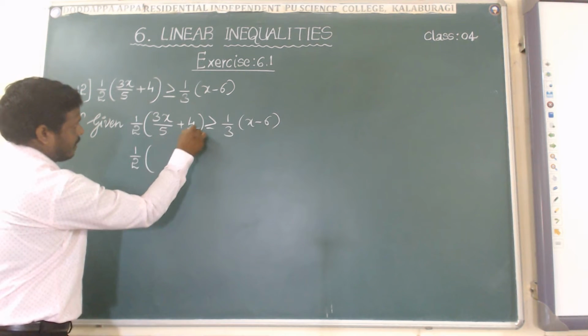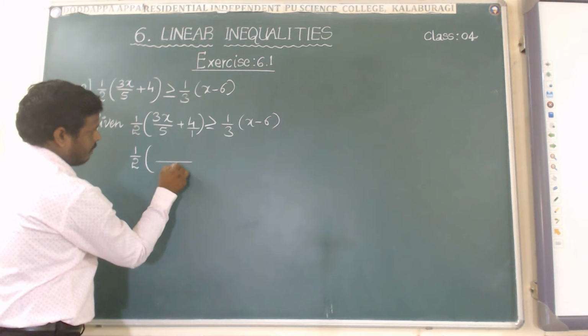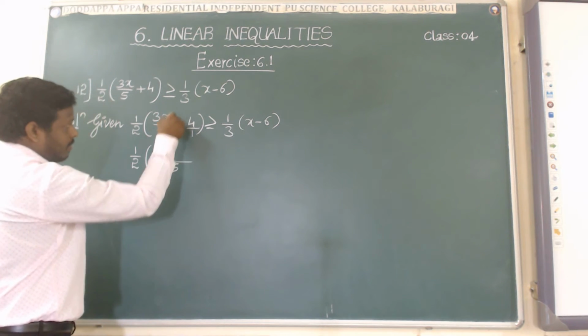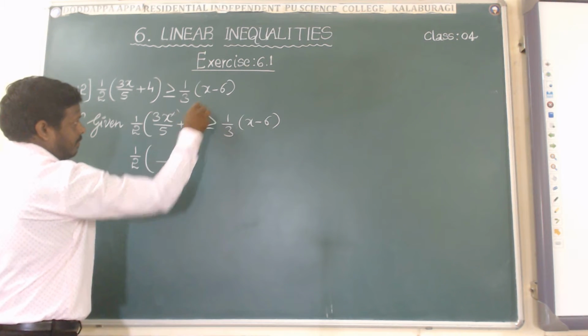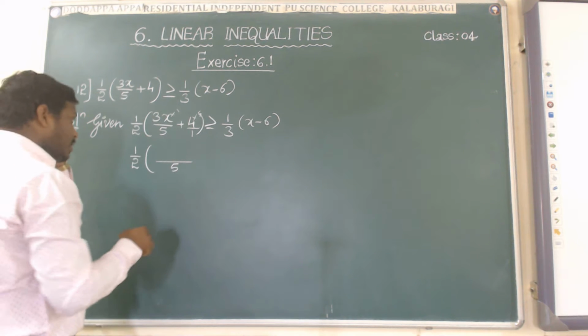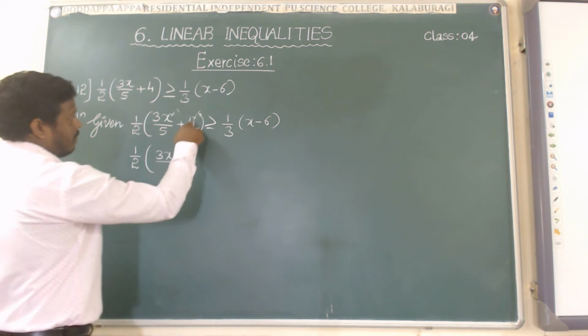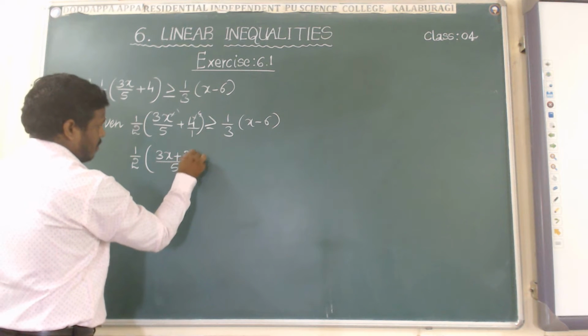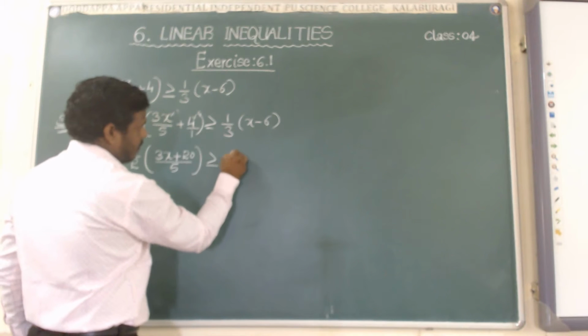The LCM will be 5. Multiply its numerator: 3x into 1 is 3x, plus 4 times 5 is 20. Close the bracket, and write the right side as usual.